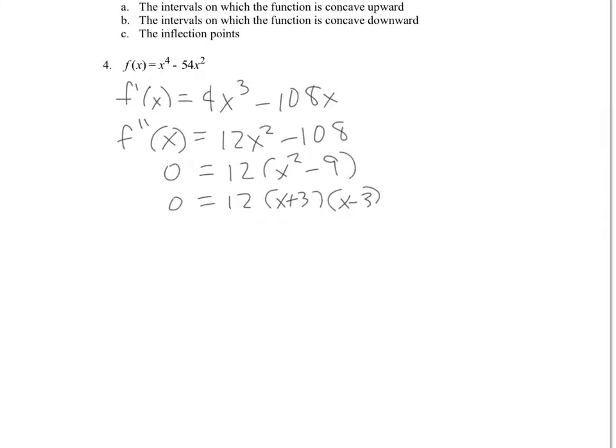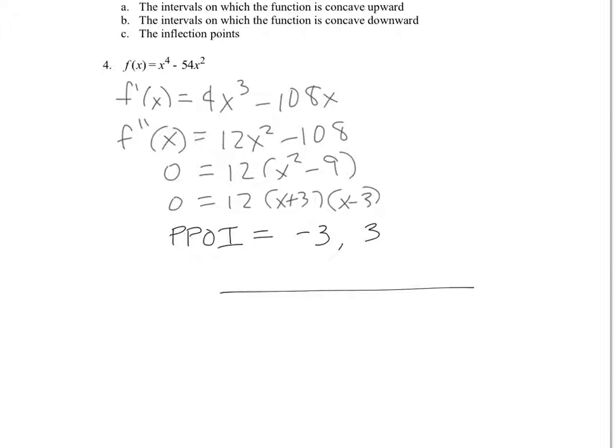What does that mean my possible points of inflection are going to be? -3 and +3. Because if I set each of those factors equal to 0, those are the only values that I come up with that could possibly make this equal 0.